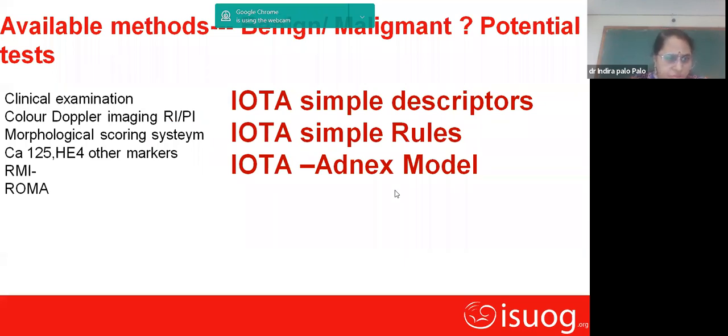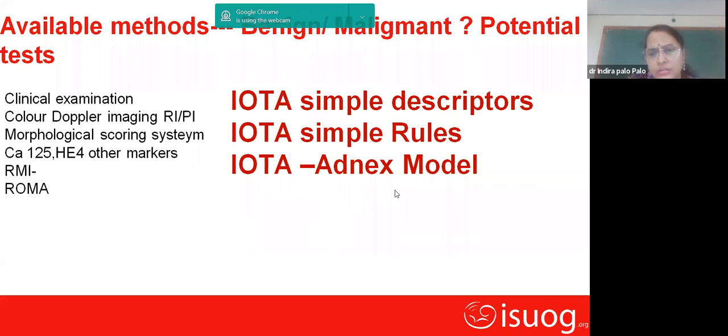A morphological scoring system is there. We also send CA125 and other tumor markers, and RMI and ROMA are also available. Clinically we also apply these, but I know they are not much used now, though sometimes in medical colleges we still use them.